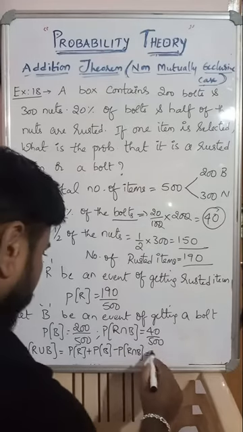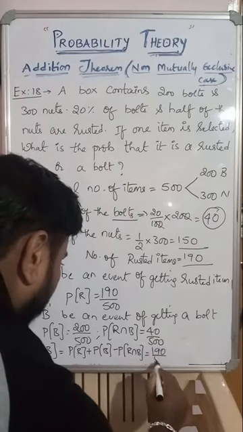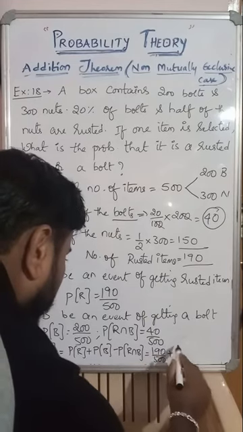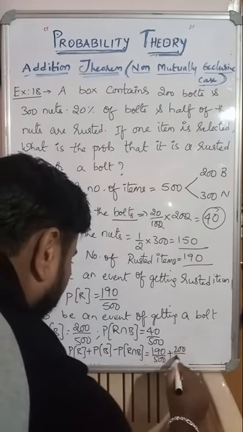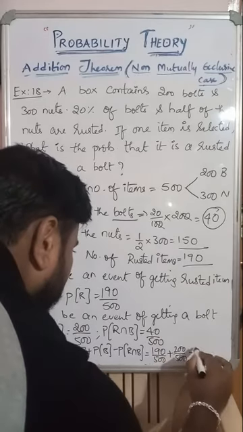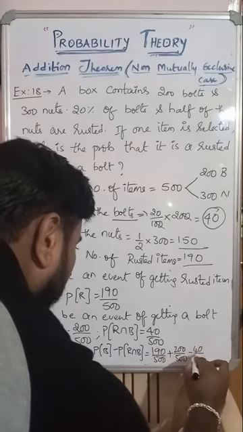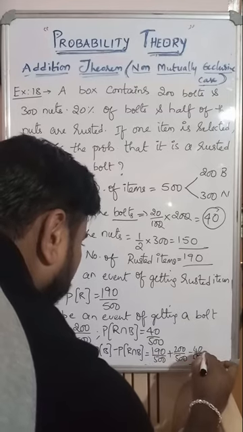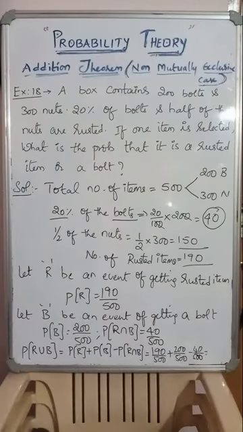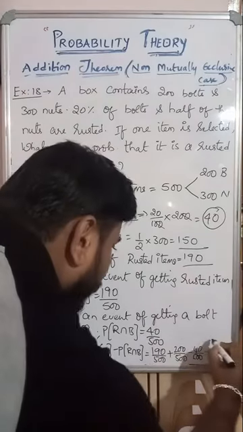Therefore 190 by 500 plus 200 by 500 minus 40 by 500. So what answer you will be getting here? 190 plus 200, 390. 390 minus 40, 350. Therefore answer is 350 by 500.